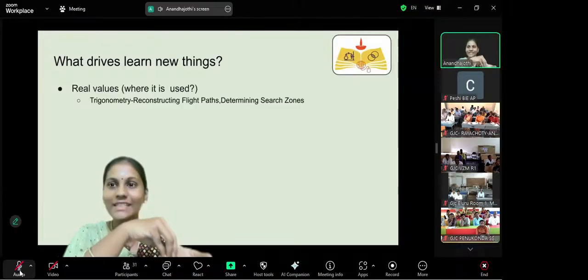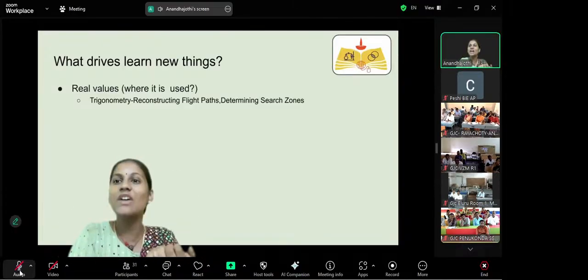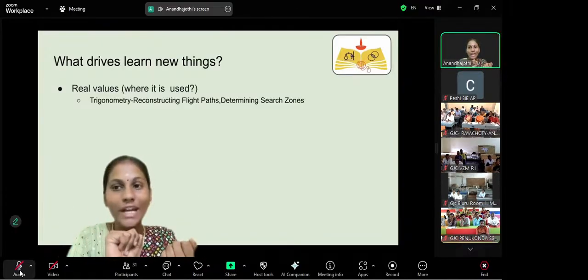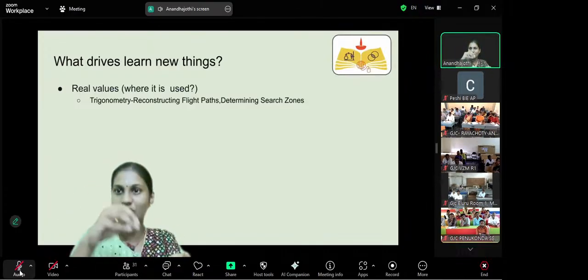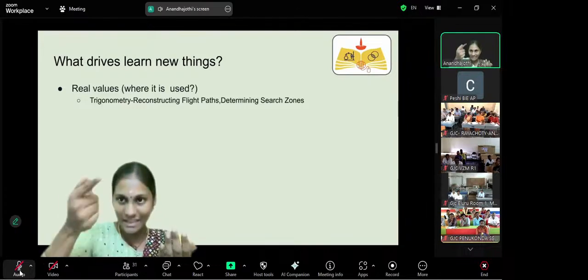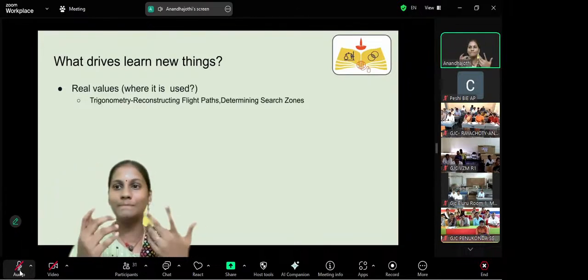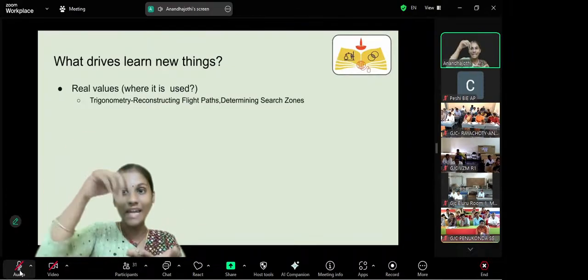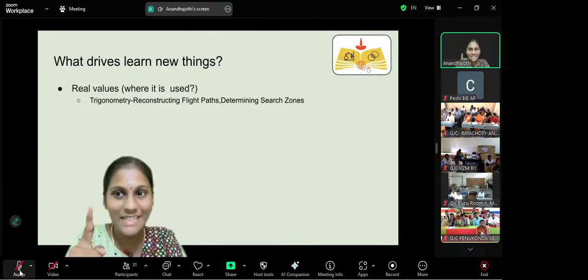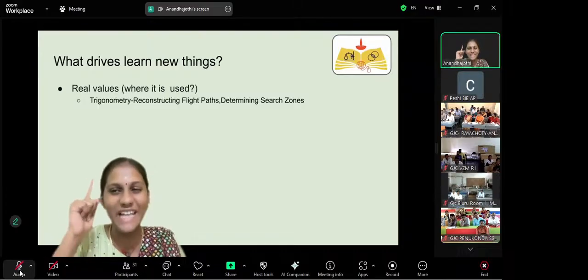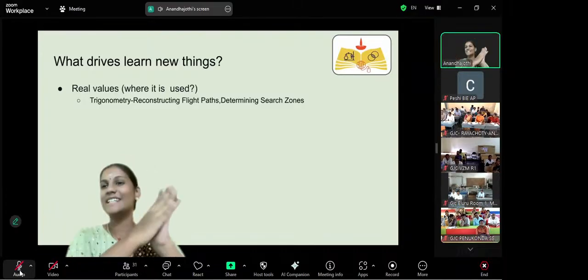If you understand the higher version of this, one day you can also find missed flights. What's the topic? Ask them to search for some time and they will get it from books, from Google, from somewhere on the internet. They will again come to us and say, ma'am, it's trigonometry, ma'am. Shall we learn that? Yes, that's key.